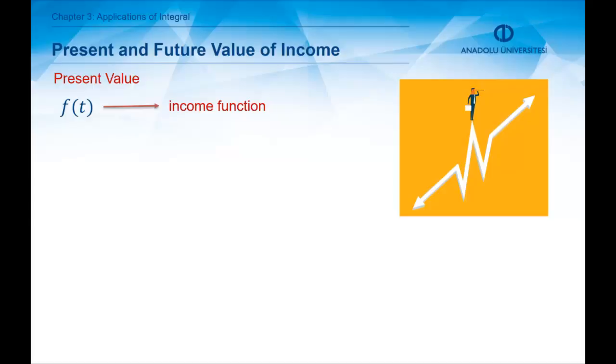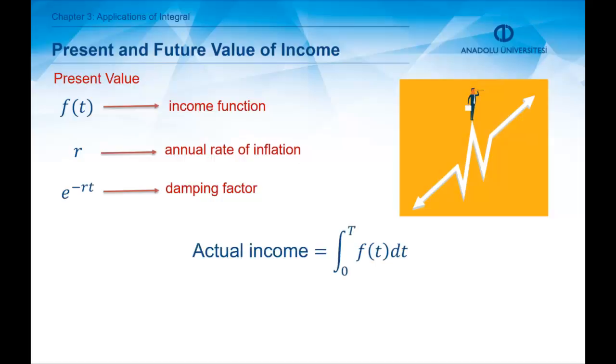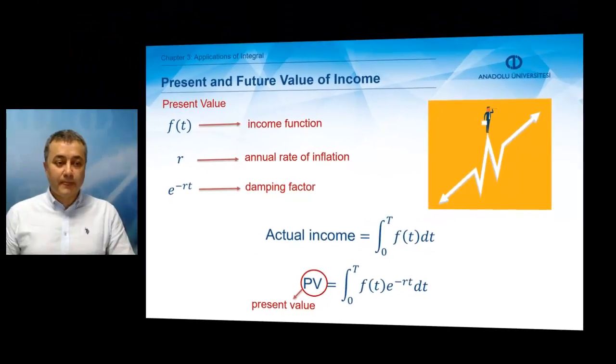So if f of t is the income function, r is the annual rate of inflation, and e to the minus rt is a damping factor, then the actual income is the integral of f of t over the time period from 0 to capital T, and the present value of money is the integral of f of t times e to the minus rt, from 0 to T, which is the time interval we are trying to find the present value of our money.